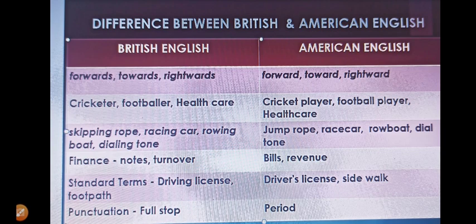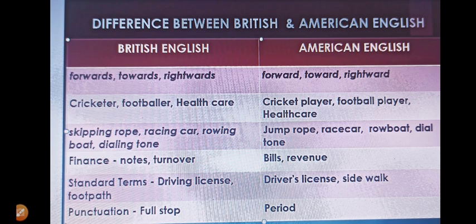In British English, the agentive er suffix is commonly attached to sports like cricket or any other sport. For example, cricketer. But Americans usually say cricket player. American English writers occasionally make new compound words from common phrases. For example, health care is now being replaced by healthcare.